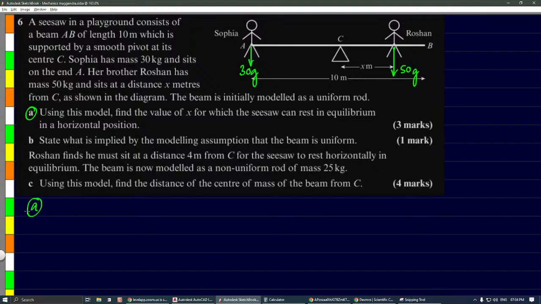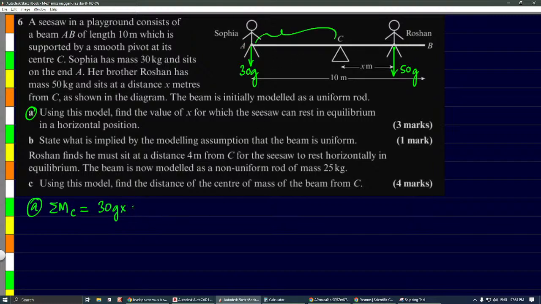Okay, so now we can directly go with moments, because we don't have to find the reaction. So 30 G times, okay, now this distance AC will be how much?